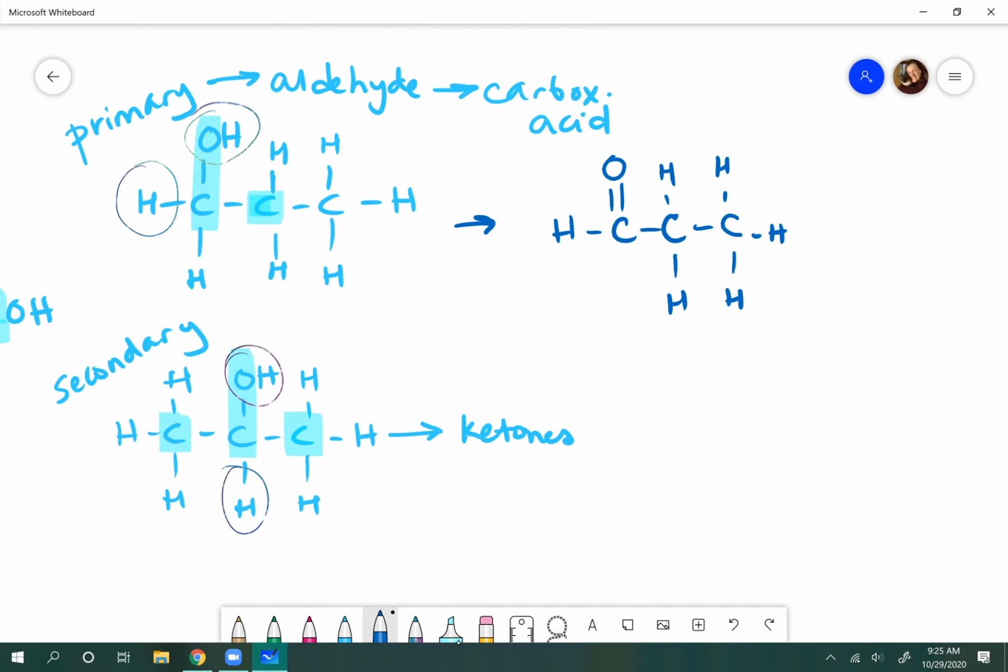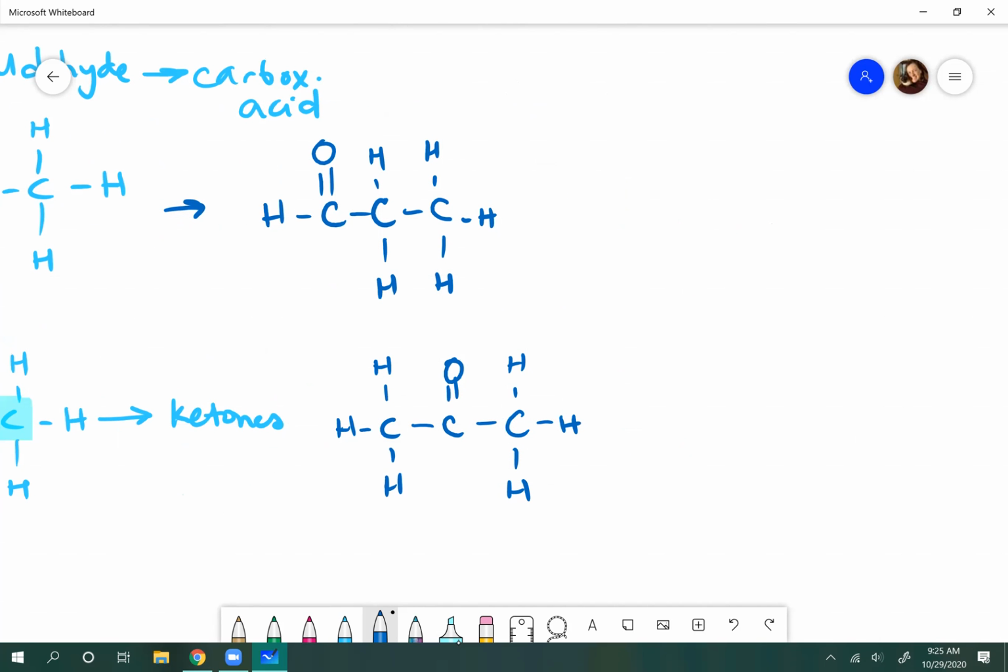And then for a ketone, we've got HC, H, H, double bonded O there. And this can't go any further, no more oxidation.